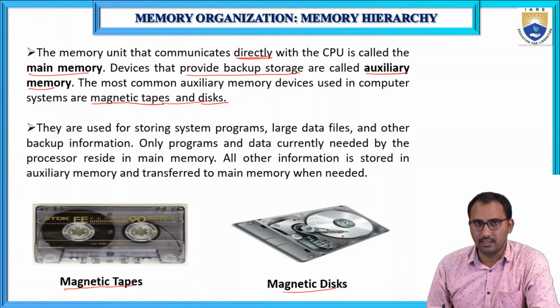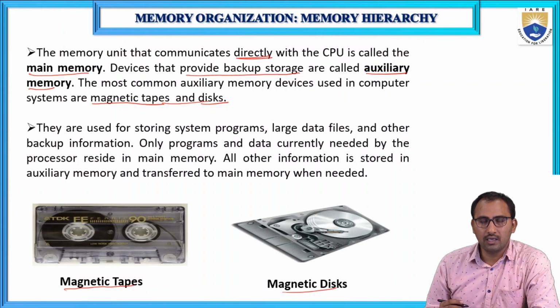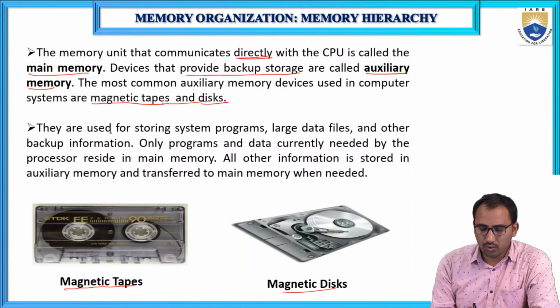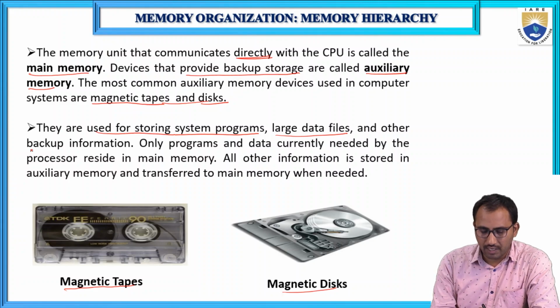So magnetic disks. Using these auxiliary memory devices, we can store the information. We can store the programs and the data for future purposes. These auxiliary devices can be used to store system programs and large data files and other backup information.